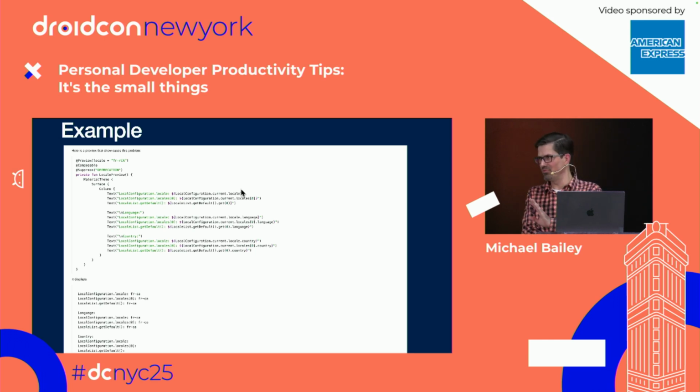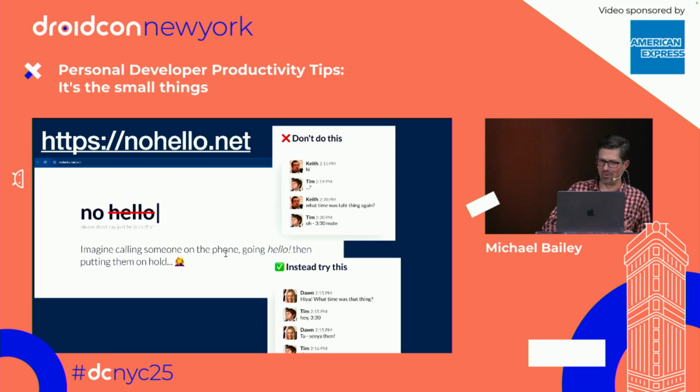Next one, before I even go to the slide, it's a little controversial, so take it in the right way. When you're chatting with somebody, I would say this website should be called something like alsoincludethequestion.net, not nohello.net, because please say hello, please be polite with your coworkers. But what you see on the top one there is somebody says just hi and nothing else.